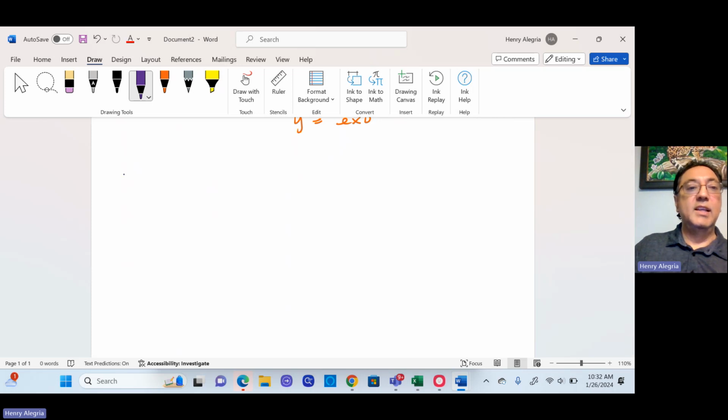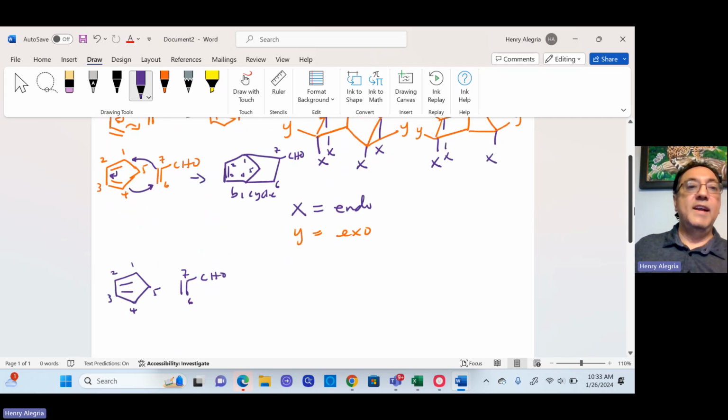So I'll draw it again in flat form. This is reacting with that. So 1, 2, 3, 4, 5, 6, and 7. Now notice that number 5, right? This carbon really is not participating in the reaction.